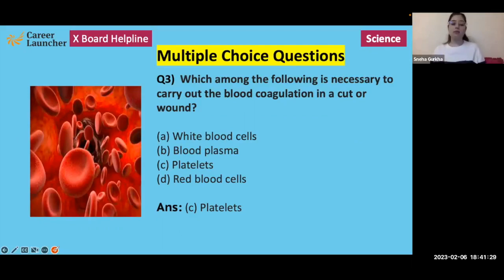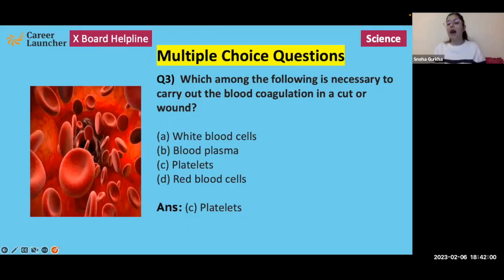If any harm were to be caused to the platelets, or if platelets were not present in the body, what would happen? Even a small cut would make it possible for the person to bleed to death. Even a small injury would prove to be fatal, because platelets help in stopping the flow of blood in a situation where a wound or an injury has taken place.